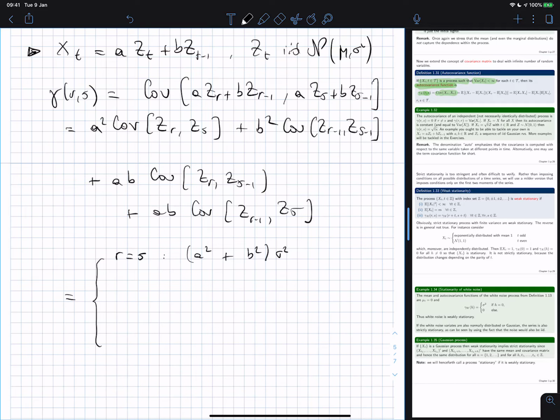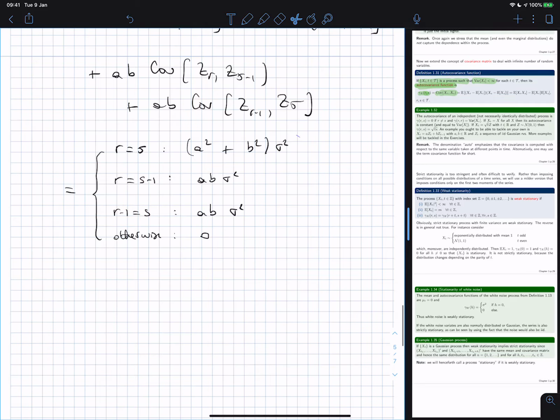If r is equal to s minus 1, then I will have ab times sigma squared. And if r minus 1 is equal to s, I will have the same thing. And otherwise, I have 0. Now this is more delicate. Does everybody see this? Or maybe I'm wrong. I think I'm correct. I'll just rewrite this a bit more efficiently.